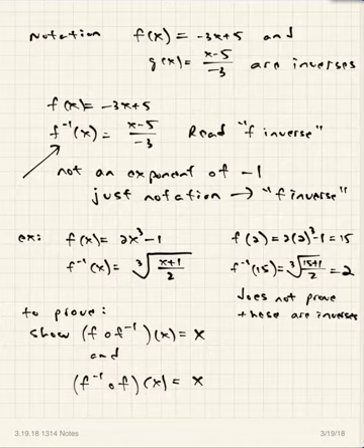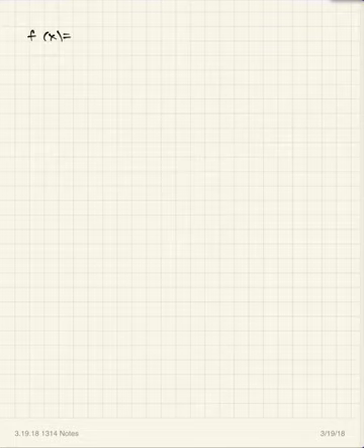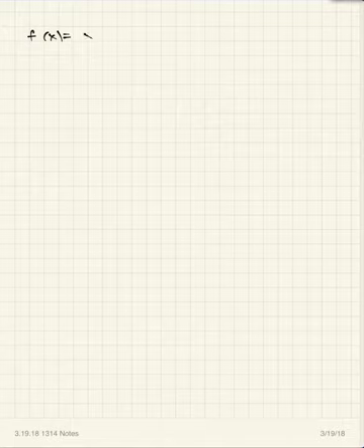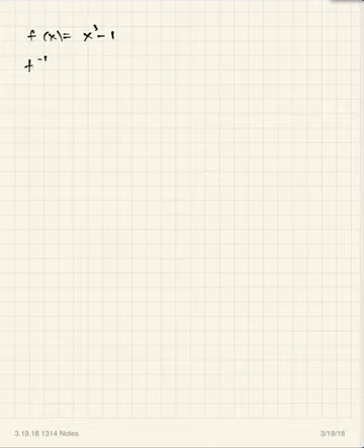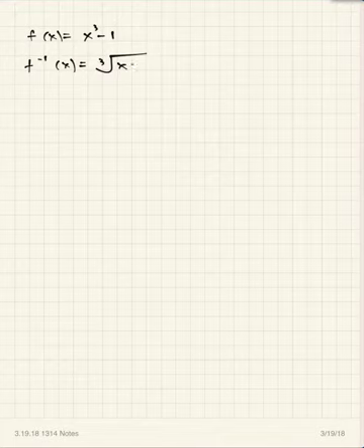All right, now some things about graphs here that we want to talk about. So let's look at a simpler cube root graph. Let's say we have f of x equals x cubed minus 1, and its inverse, f inverse here, would be the cube root of x plus 1.